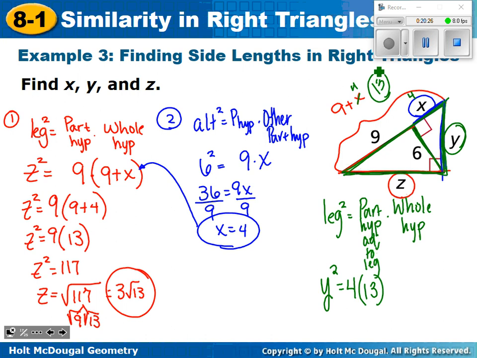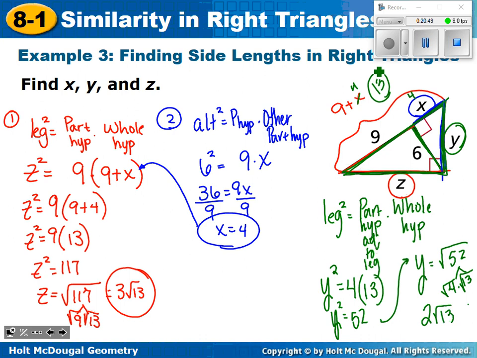Be really careful there. Okay, again, you can multiply 4 times 13. What does that become? 52, but you're going to have to go back and take the square root, right? So you're going to say y equals the square root of 52. So you may want to leave it as just 4 times 13. And so then the square root of 4 is 2, and the square root of 13 doesn't simplify, so it's 2 square roots of 13.